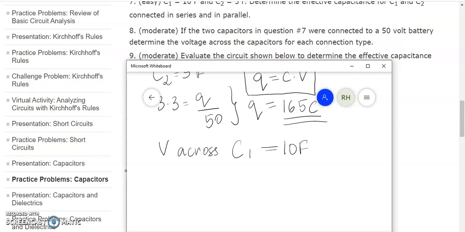So again put the same formula, Q is equal to C times V. And you know your C is 10 and your voltage is the one that you need to find, and Q is 165.